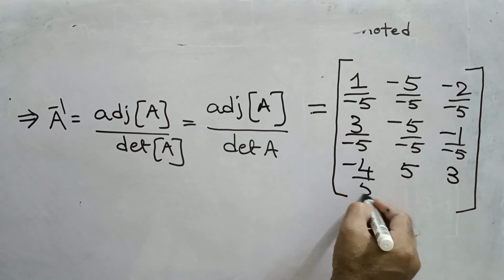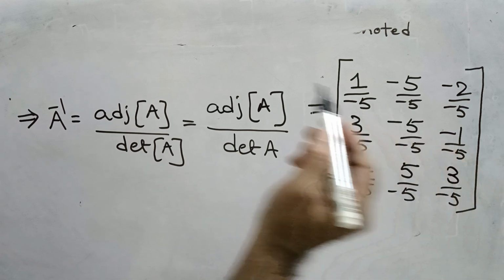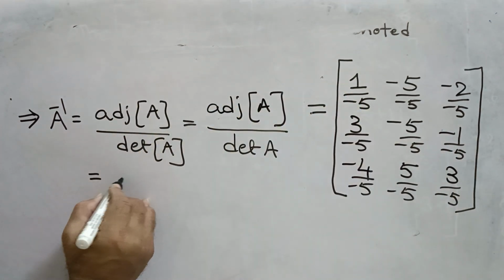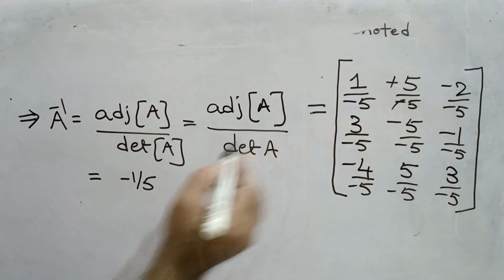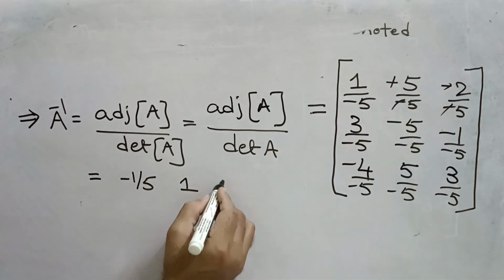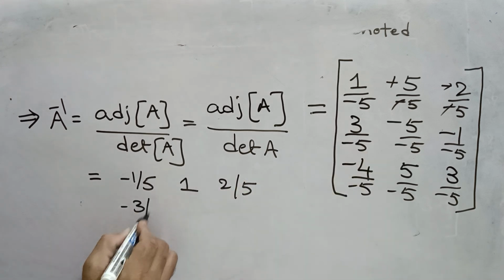Very simple now. Any difficulties there? No, not at all. Therefore, A inverse is equal to: first element minus 1 by 5, minus minus cancel, 5 by 5, it is 1. And it is minus 2 by 5. The third element is 2 by 5. Here minus 3 by 5.